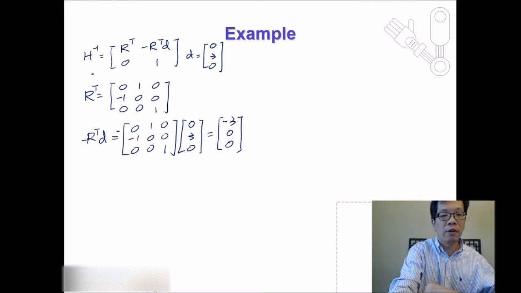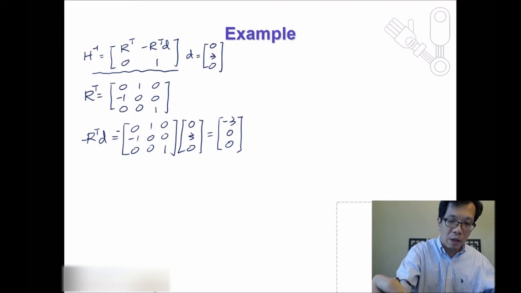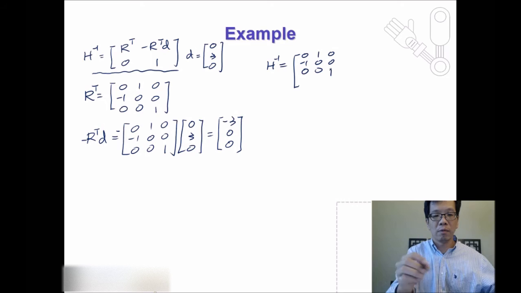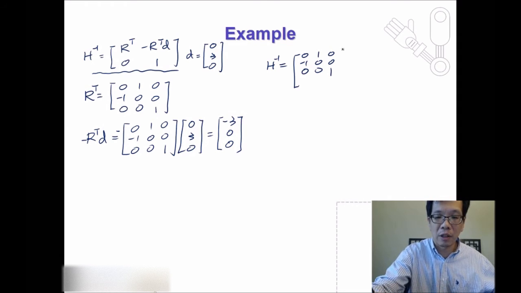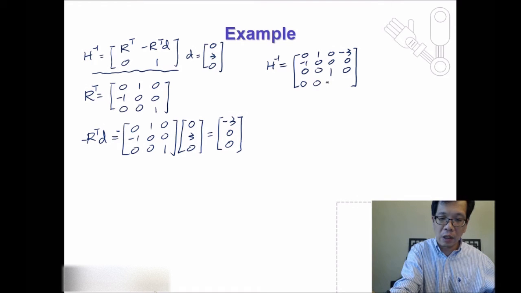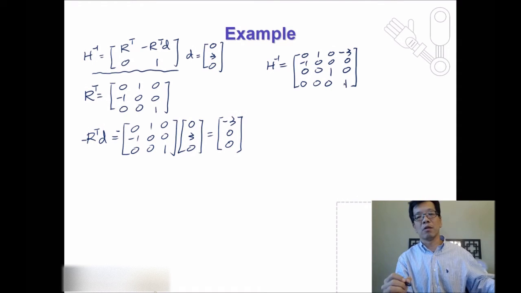So fill in the blank of this specific matrix. We got our H^-1, H inverse. Pretty straightforward, right? Because it's just R^T. Then it's going to be this part as a vector. Then we will need to have 3 zeros over here and one component over here.